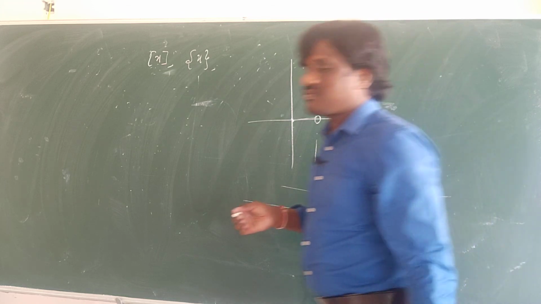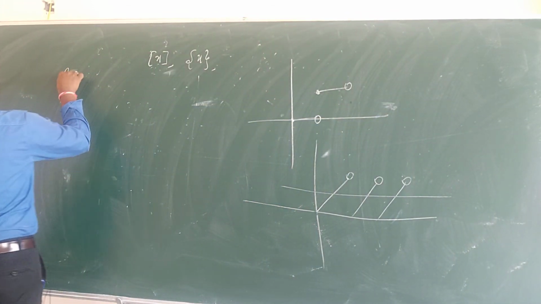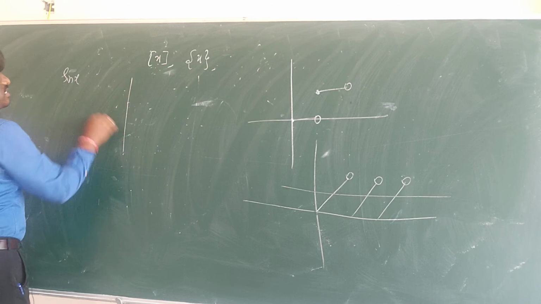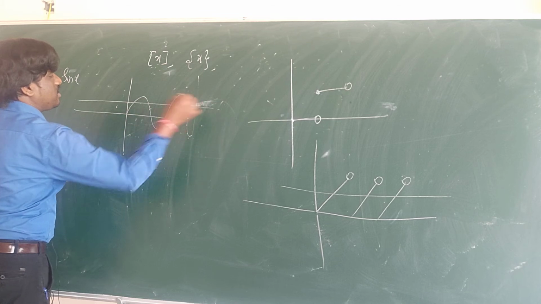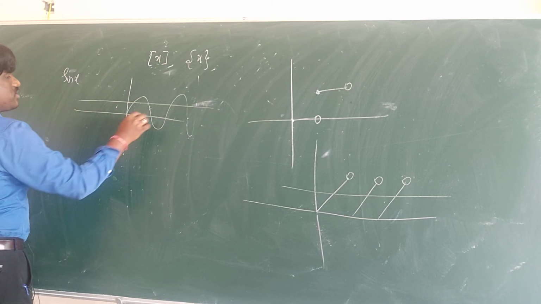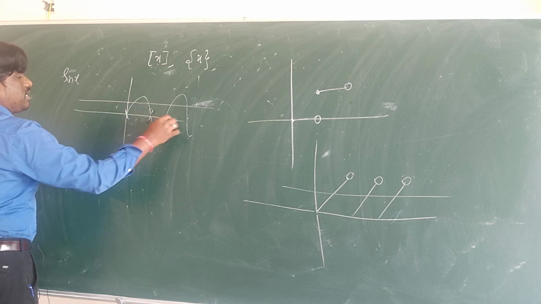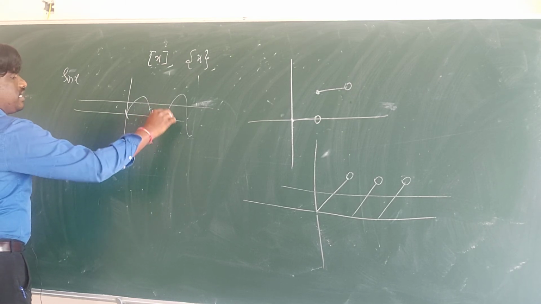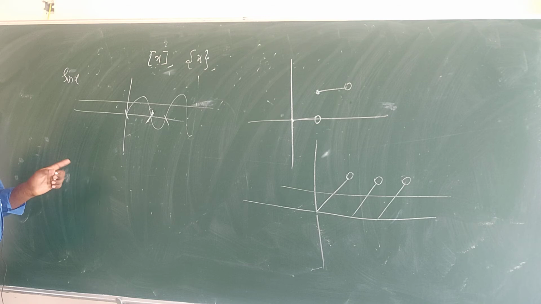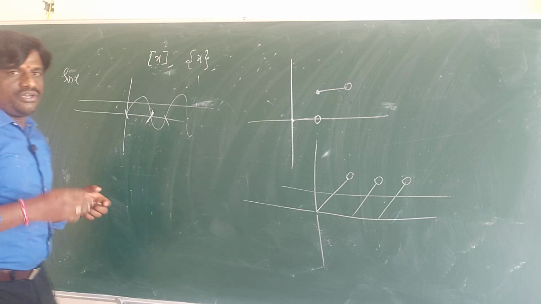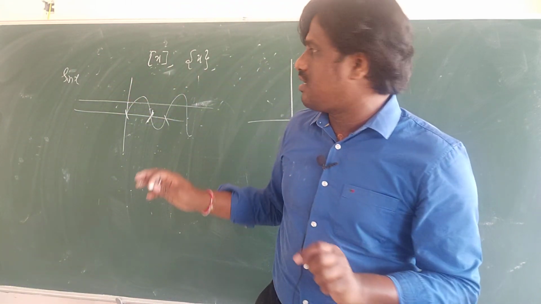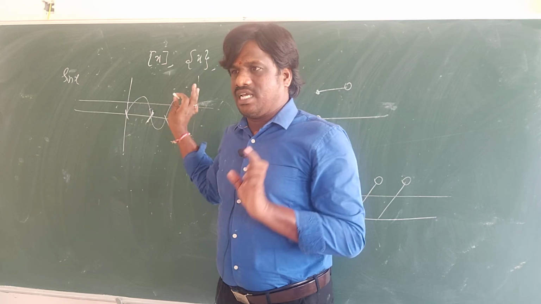Now, is the sin x function 1-1 or not? The sin x graph will be like this, so if I draw a line, it will touch many points. But if I restrict the domain from here to here, then it will become 1-1. In future, when I explain inverse trigonometry, I will restrict it. To identify whether a function is 1-1 or not, just see the diagram of the function.